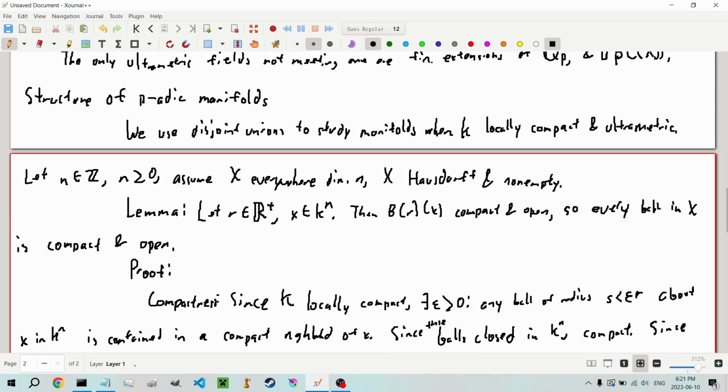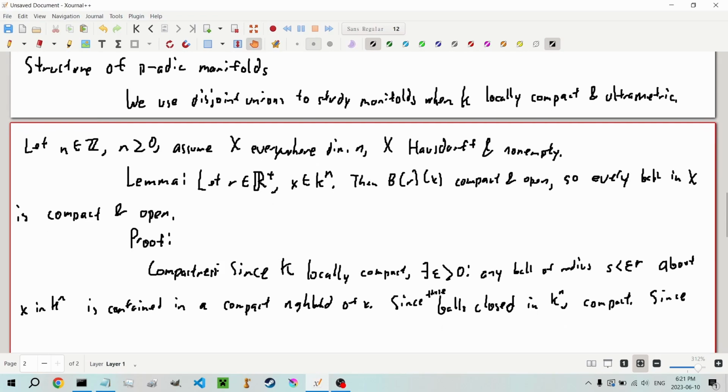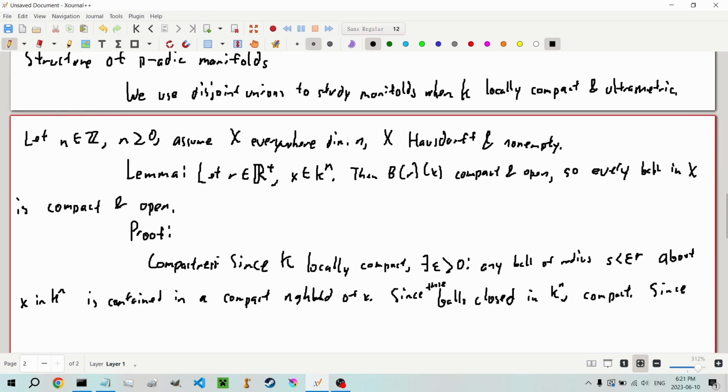Now, since the absolute value on K is non-trivial, we can choose a non-zero alpha in K with an absolute value less than epsilon.